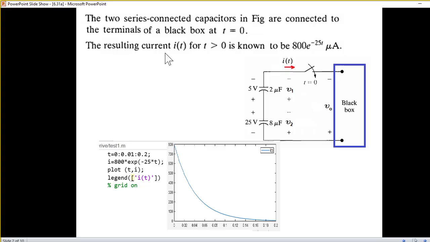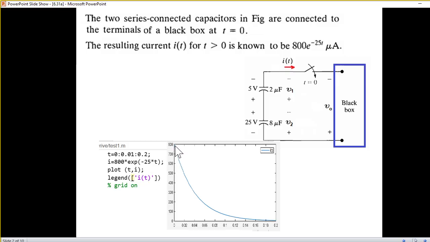The resultant current i(t) for t greater than 0 is 800 e raised to the power minus 25t. To show how this current looks, I have taken help of MATLAB and written a small program to show the shape of the current as time passes.